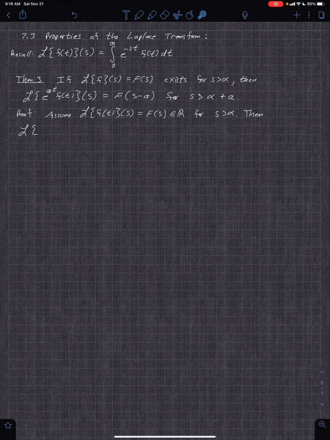So I wrote up most of this. Assume that the transform exists. When I say that it's an element of R, it basically exists for s greater than alpha. That's standard. Then the Laplace transform of e to the at f of t of s is equal to the integral 0 to infinity of e to the negative st. That's standard, or that's above.